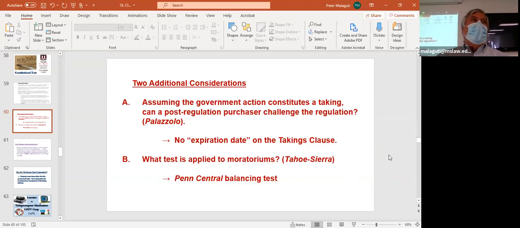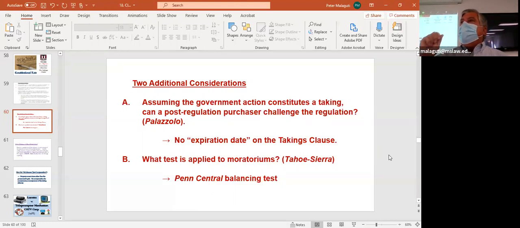And a third thing I'm going to add is whether there's a taking, if it's a taking of private property, okay?